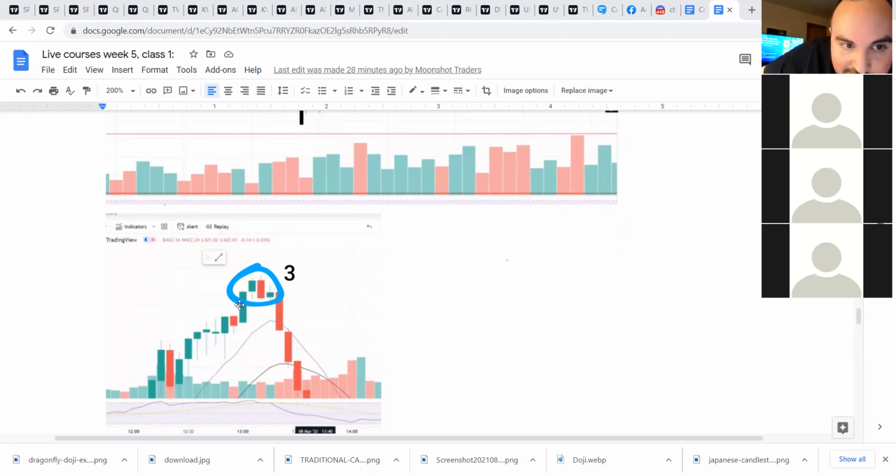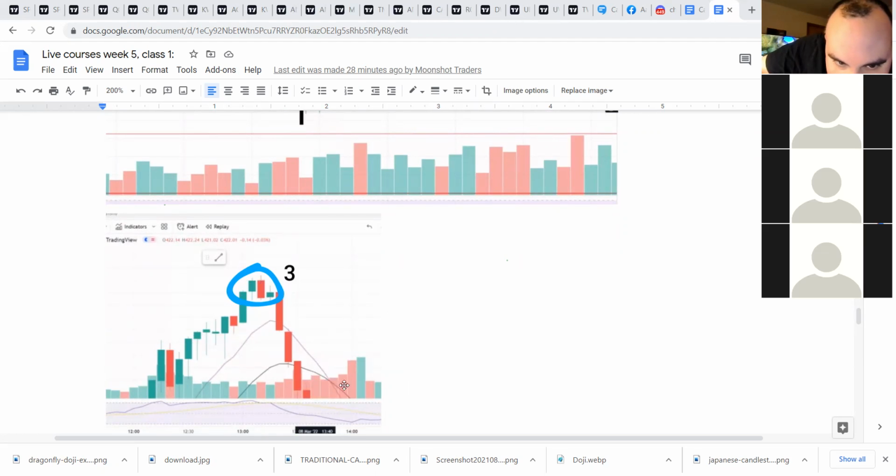And it happens normally at the top of an uptrend. Sometimes sideways-ish, but generally you'll see this, and then down we go.